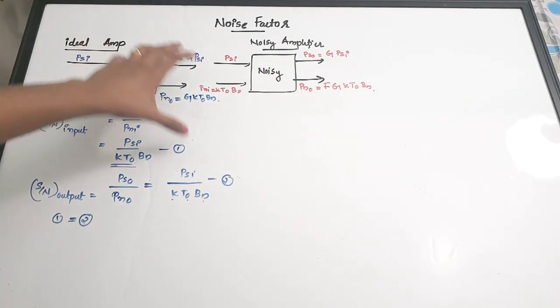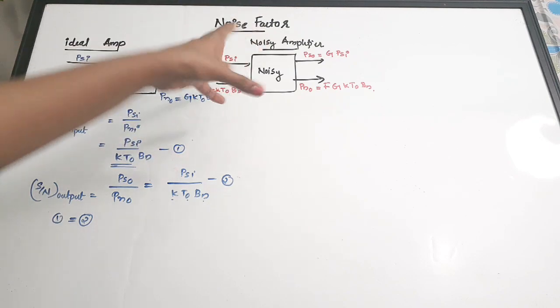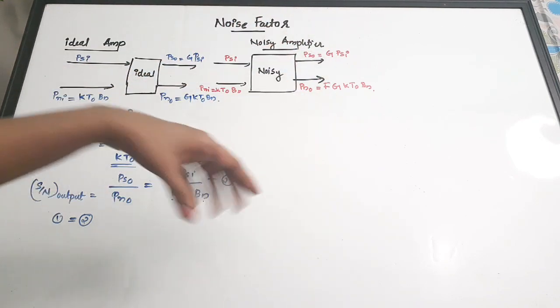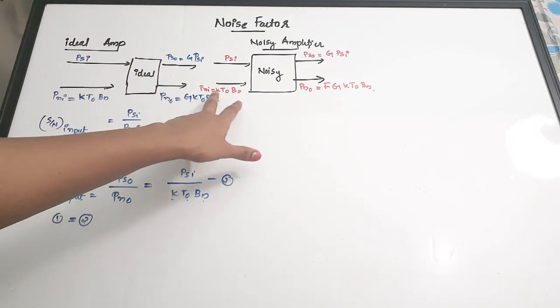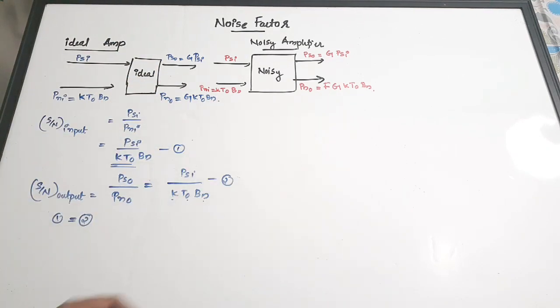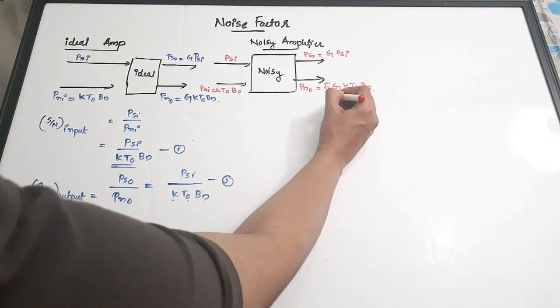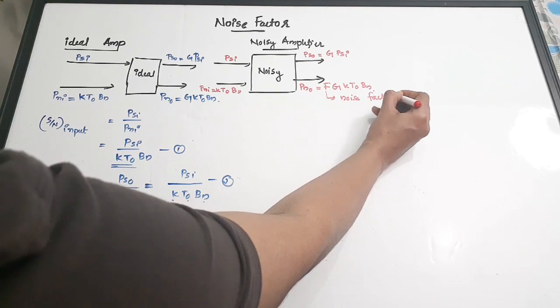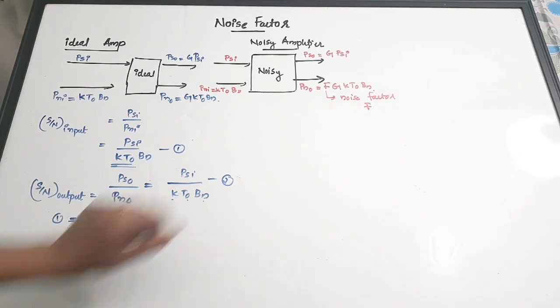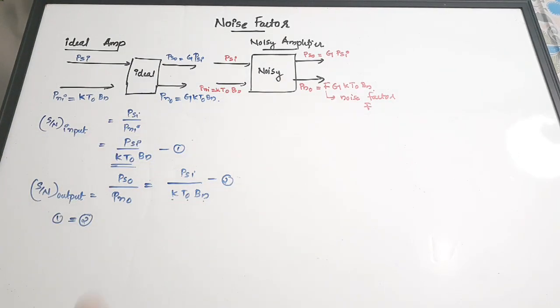So here, even in an ideal amplifier, both the powers, that is signal power and noise power, get multiplied by the gain factor. But if it is a noisy amplifier, the noise term gets multiplied by another term, which is called the noise factor, or F. So F into G into KT0Bn.